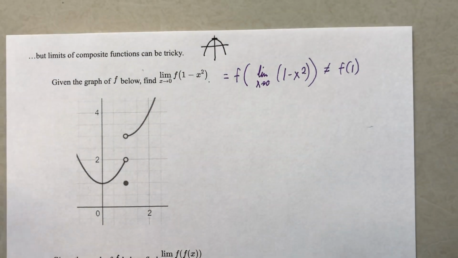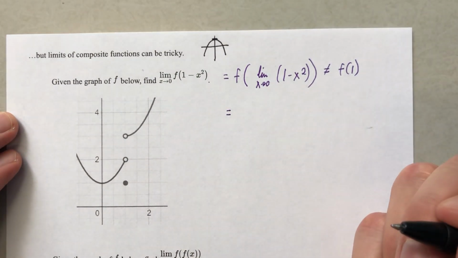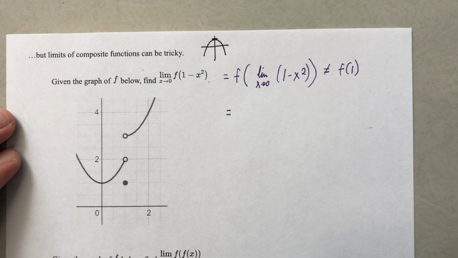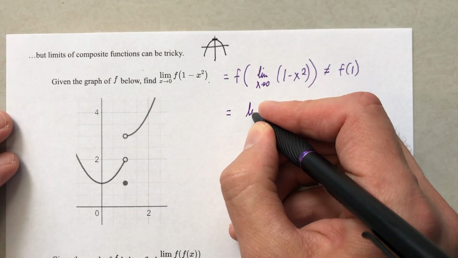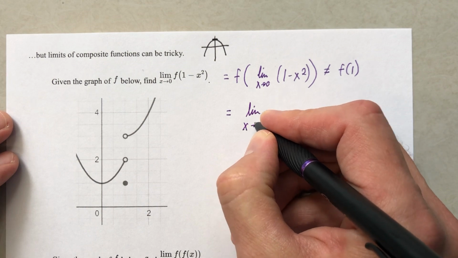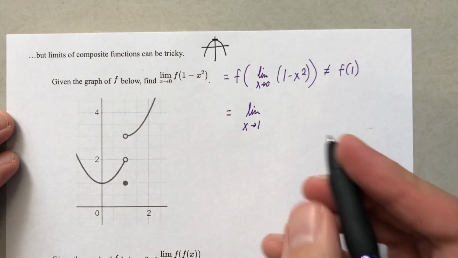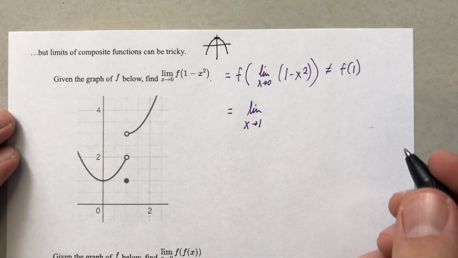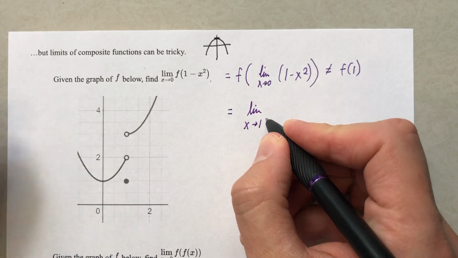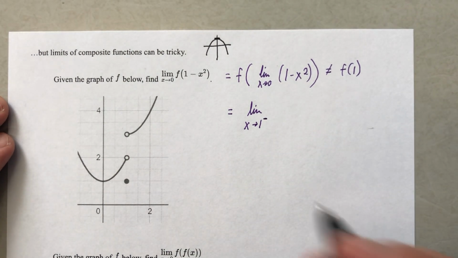So the final answer is really what I get as we are approaching 1 from below. Here's some notation. Don't panic when I show you this. We're approaching 1, not negative 1, but we're approaching 1 from the left.